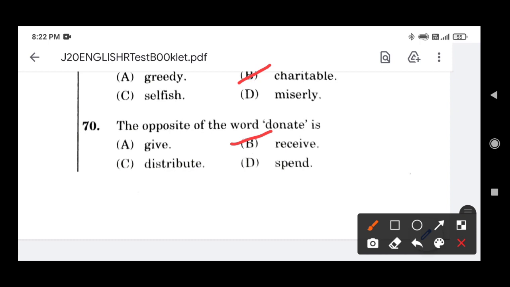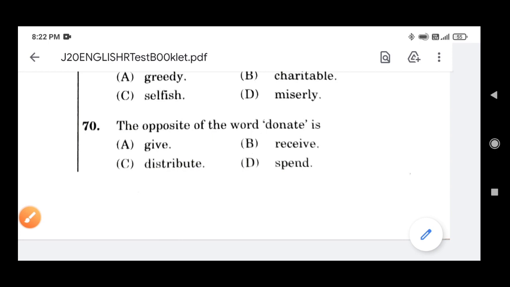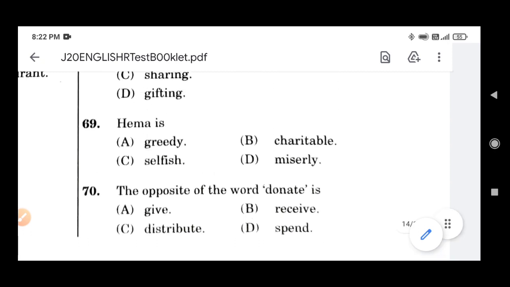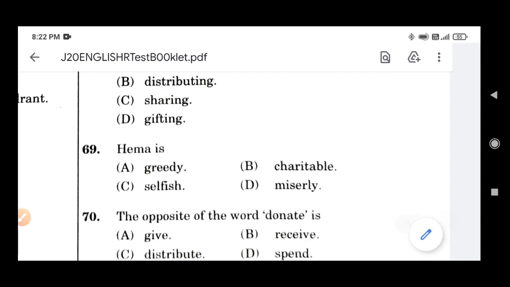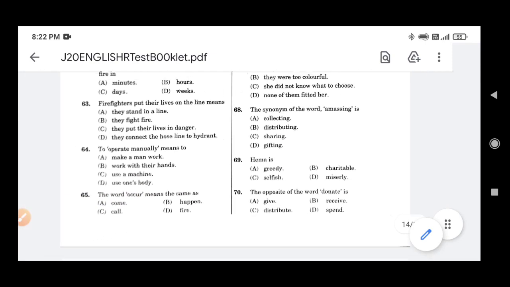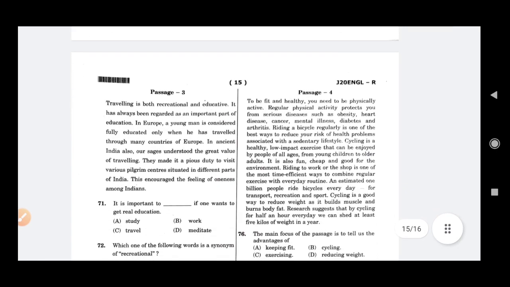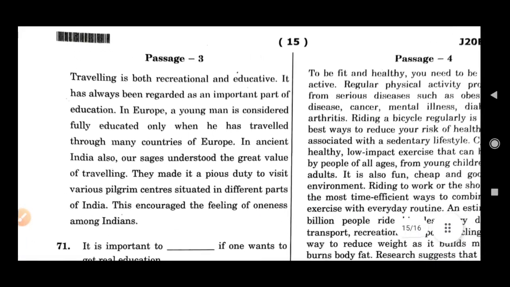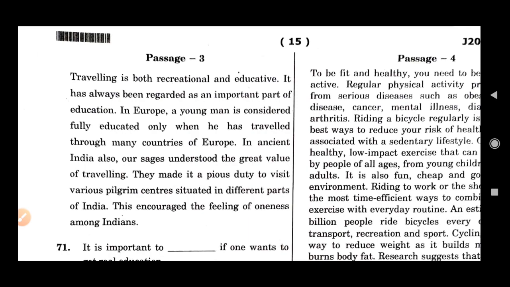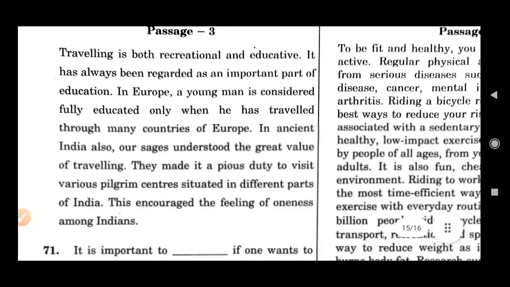In such a way, we need to bubble very clearly, a complete circle, so that we can get the answers. And we'll concentrate on the next passage. Next, passage number 3.